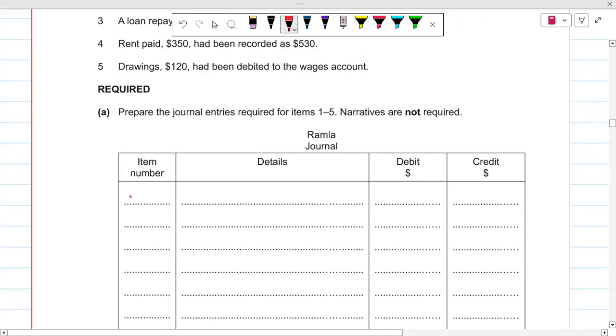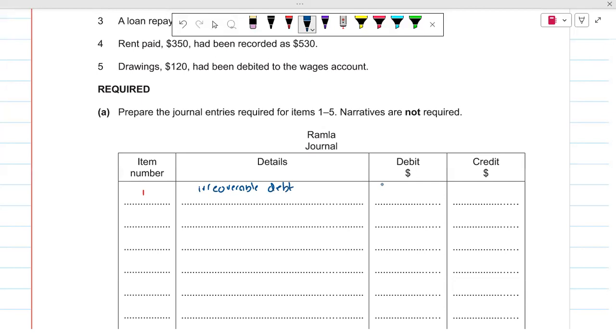Irrecoverable debts would be debited by $99 and My would be credited.